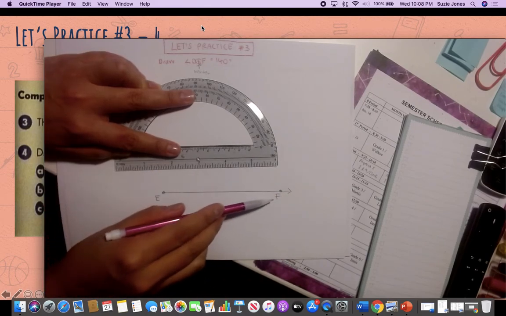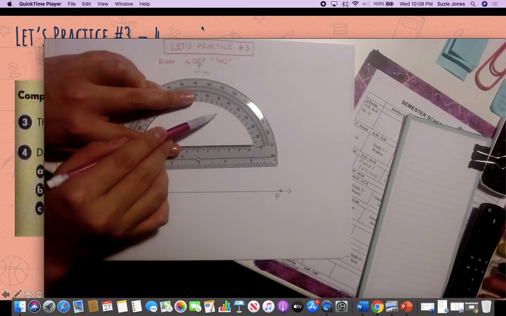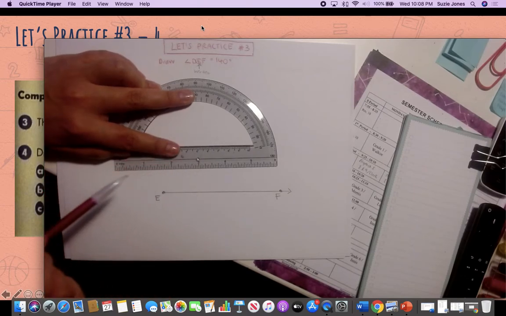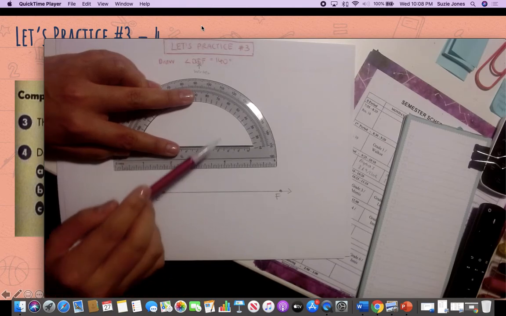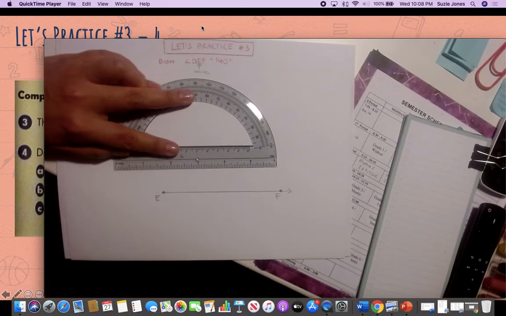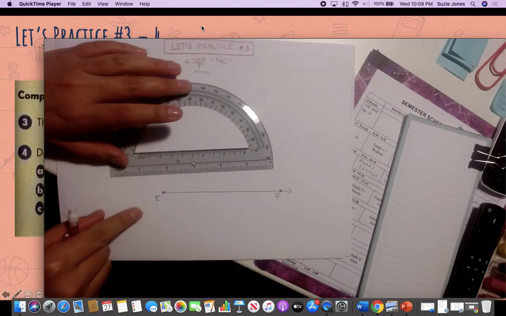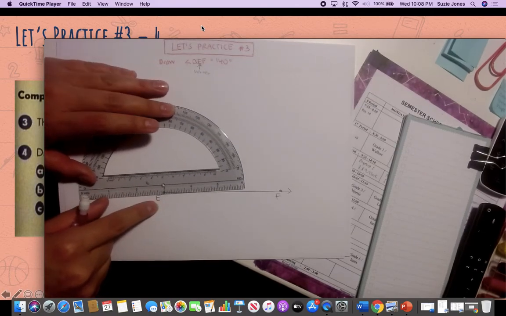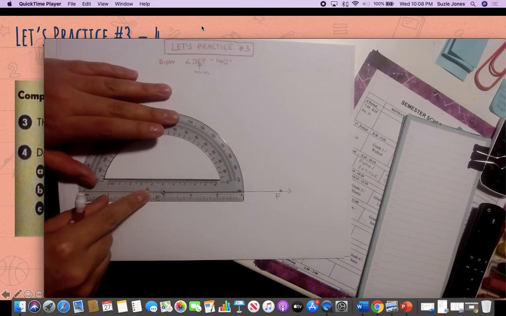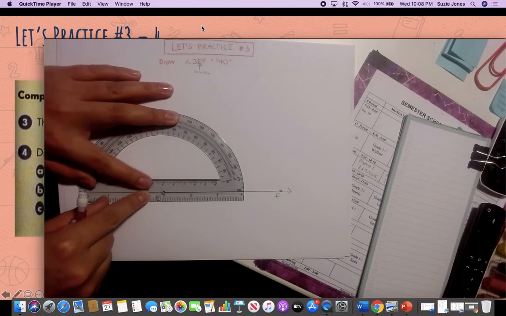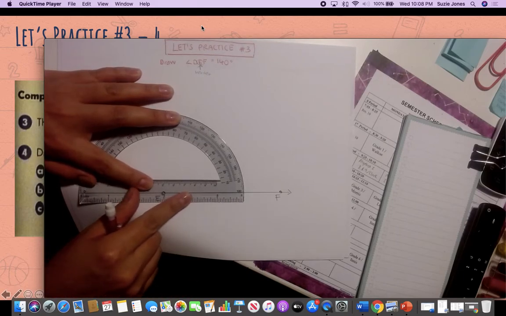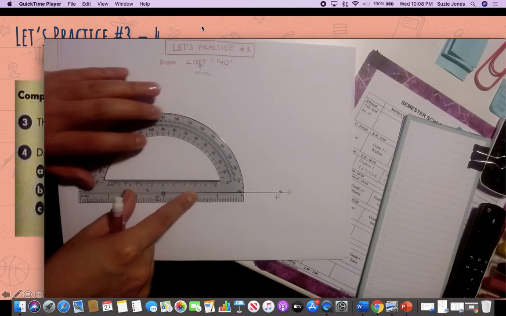You can also write D here. Then the other point that you draw has to be F, if you wrote D there instead. But I'm going to write F here. So my other point that I draw has to be D. So it has to be 140. So I'm going to put my vertex E inside the center of my protractor, and I'm going to make sure my baseline matches up with the ray, which it does right now. And I'm going to use my inner scale.